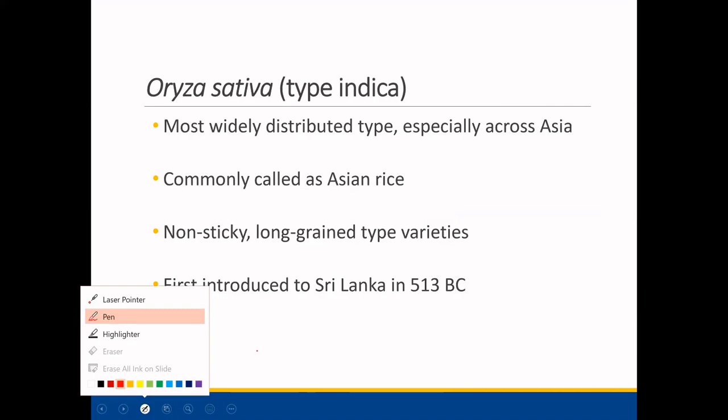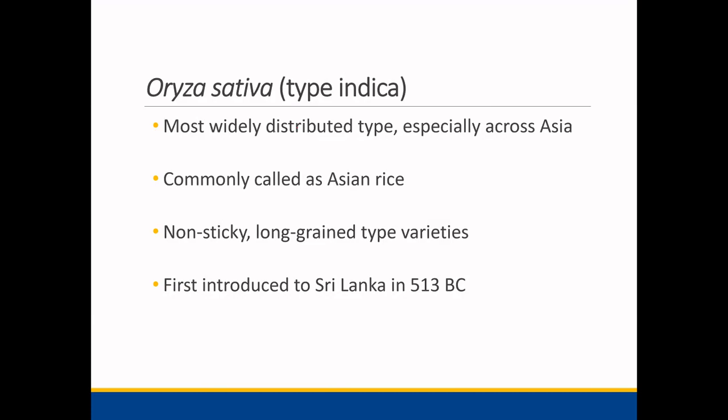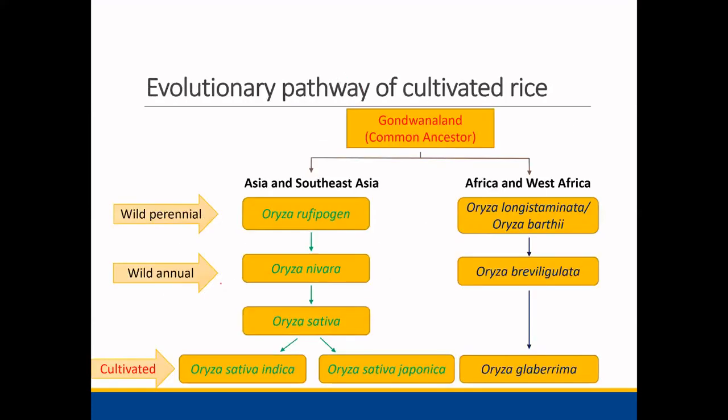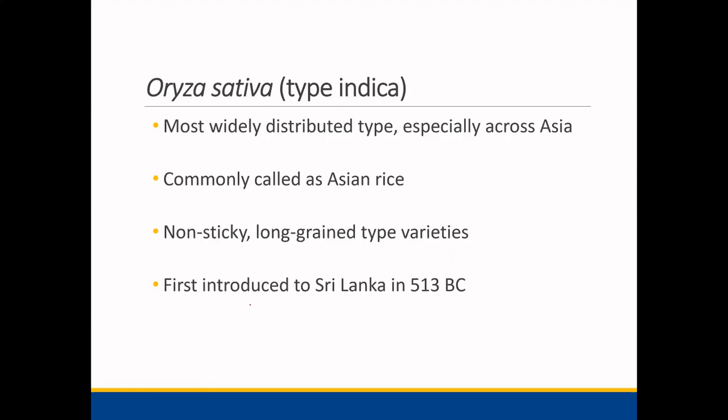Okay, so if you take the Oryza sativa, the type indica, it is mostly distributed across Asia. In Asian countries, what we mostly have is this type, Oryza sativa type indica.